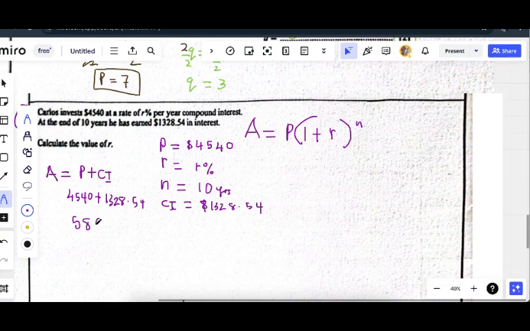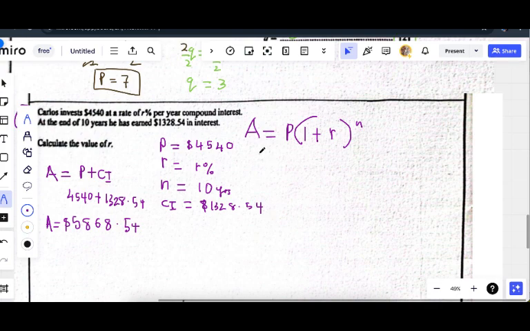We'll get 5,868.54 as our amount in dollars. Okay, so this will be our amount in dollars. So now we know the amount. Now we can solve the problem.